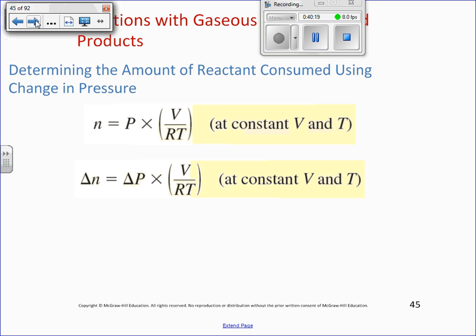So if I have a container, a solid container, not a balloon, so it's not going to change the volume. I keep it at the same temperature and I do a reaction, the pressure inside is going to change.